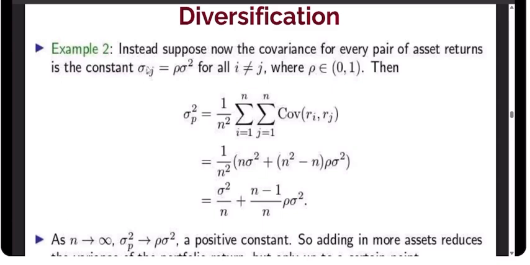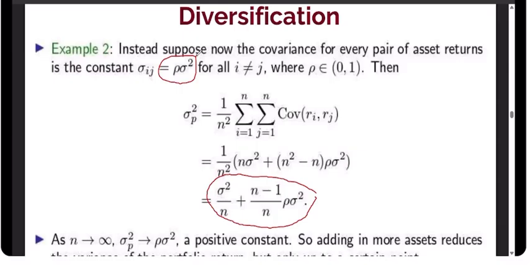If covariance exists, then the variance of the portfolio is going to be this. Please pay attention. The other time, when they were uncorrelated, it was sigma squared over n. But now they correlate, because the moment the covariance is not zero, the correlation exists.